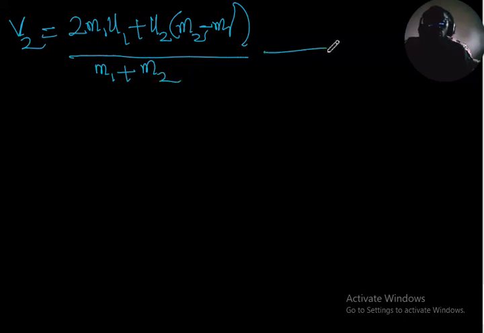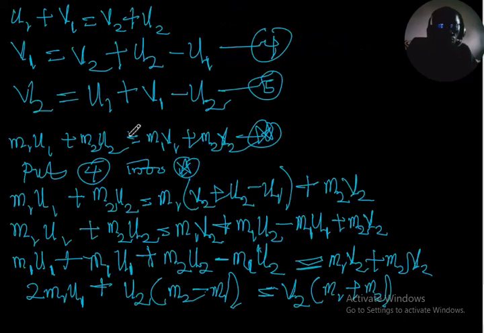This is your equation 4, which is you have gotten an expression for V2 in terms of other parameters. We have answered our Roman figure 2 now from here. From this part, we have answered Roman figure 2, which is the other part of the question.